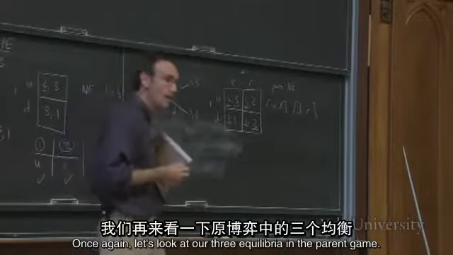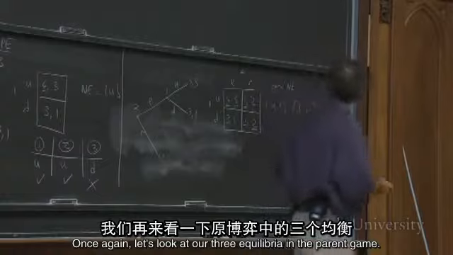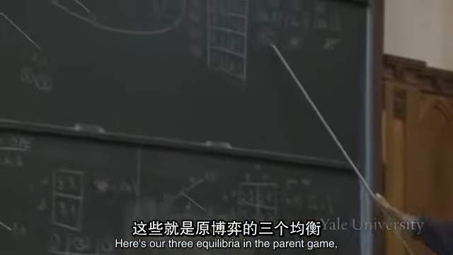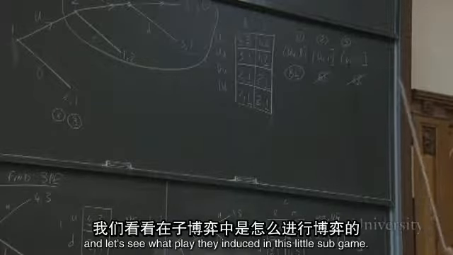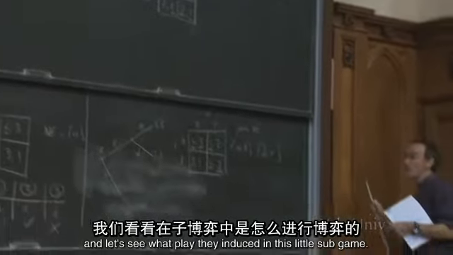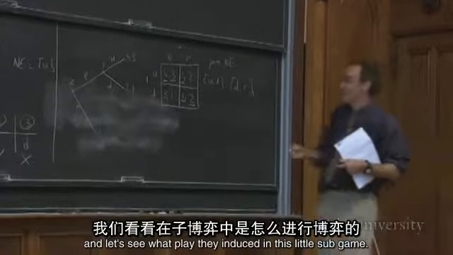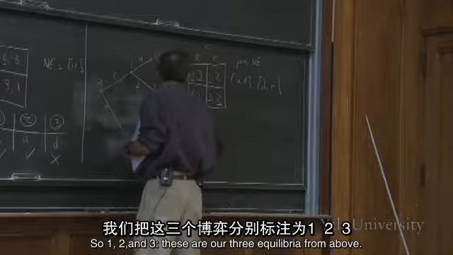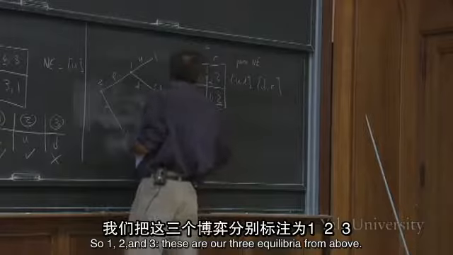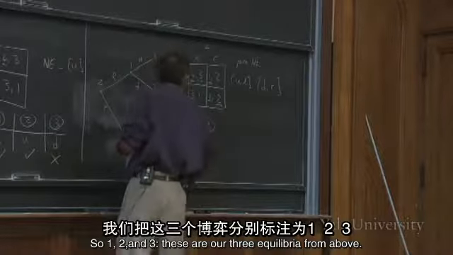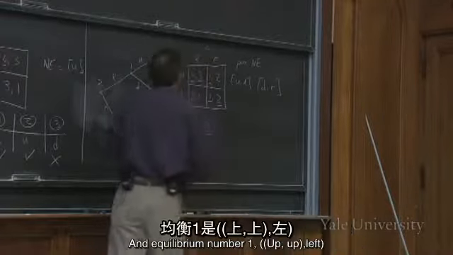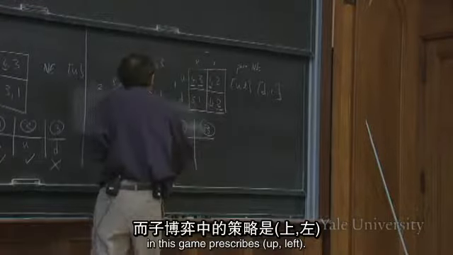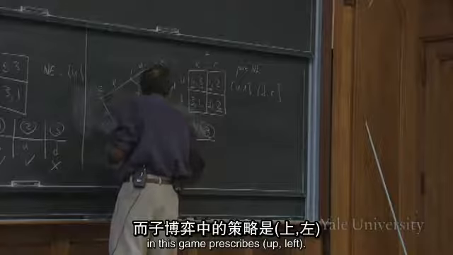All right, and once again, let's look at our 3 equilibria in the parent game, and let's see what play they induce in this little subgame. So we'll do exactly what we did before. So 1, 2, and 3. These are our 3 equilibria from above. And equilibrium number 1, up, left, in this game prescribes up, left.